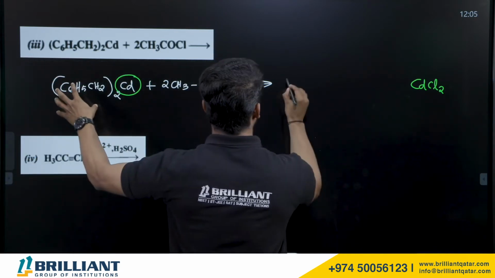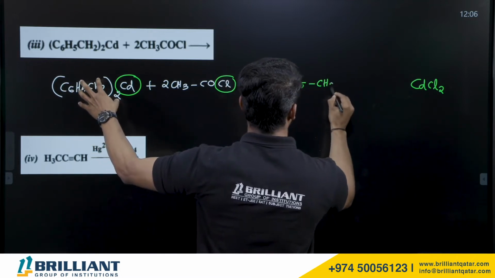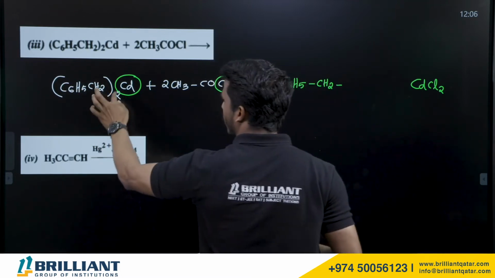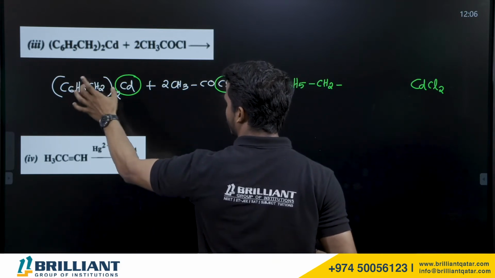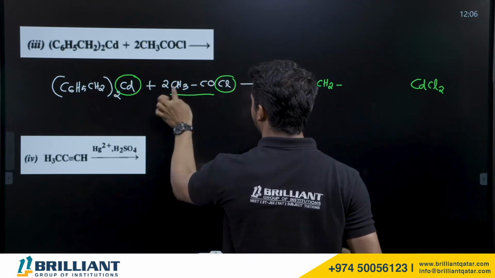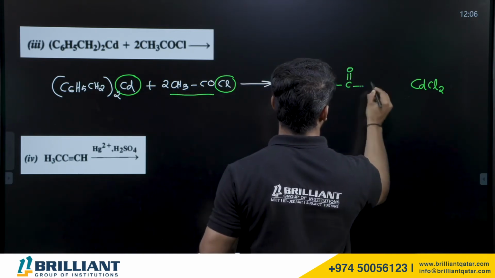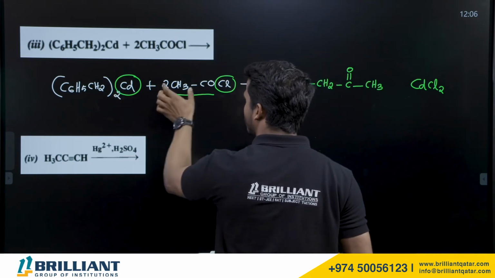CdCl2 is removed. The remaining groups you just join together. What is left on this side? You have C6H5CH2. This is the group C6H5CH2. Now where is it connecting? This is the remaining part here, COCH3. Then this is twice, this is also twice.